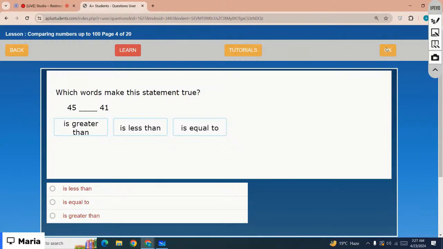Which words make the statement true? Which is the correct option? 45 and 41, which is the correct option?